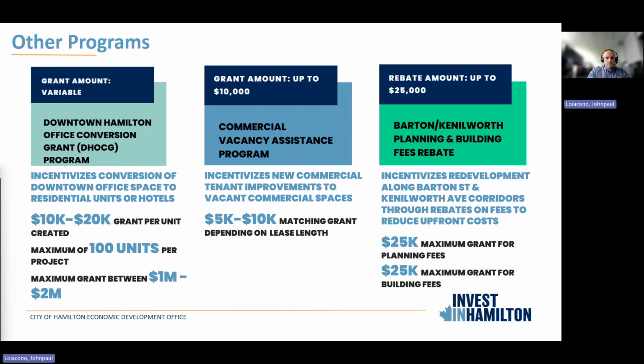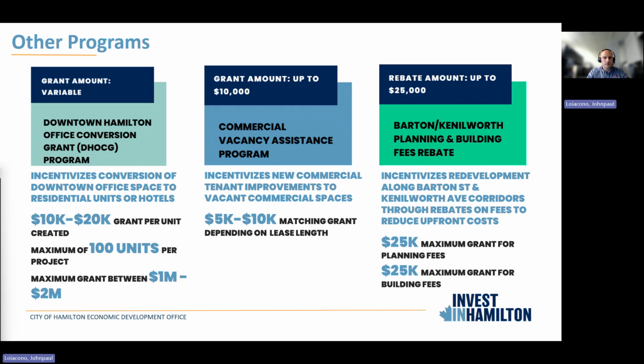And the final three programs that are part of this CIP include the office conversion grant program. This was just recently added earlier this year. It is essentially to help with the conversion costs of purpose-built office buildings to build housing downtown, but also hotels.